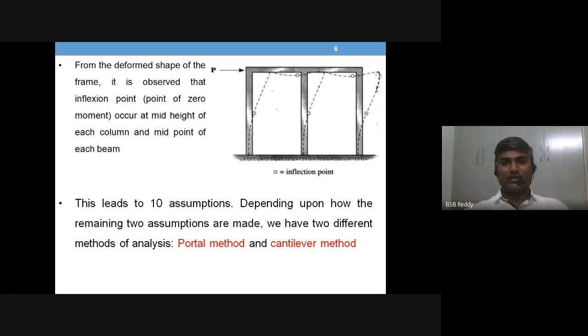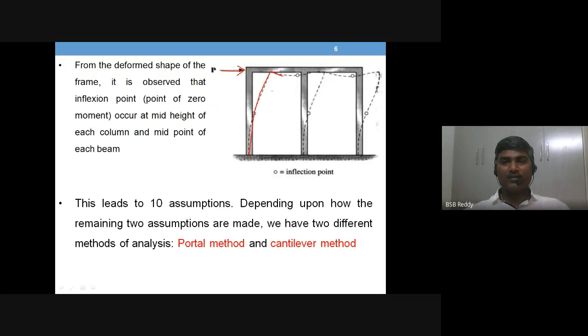Now if a lateral load is acting, let us observe the deformed shape of this. It is going to deform like this. This is the deformed shape.